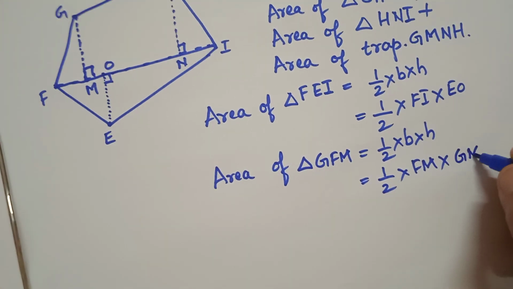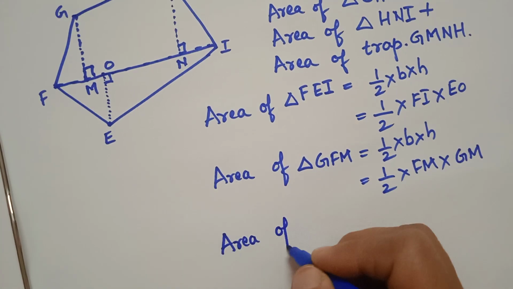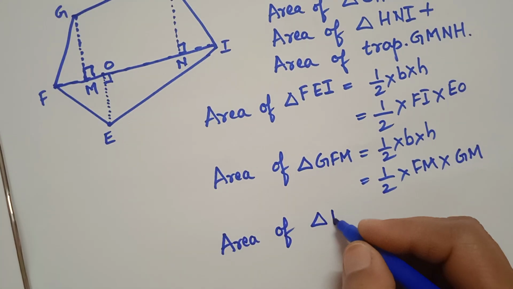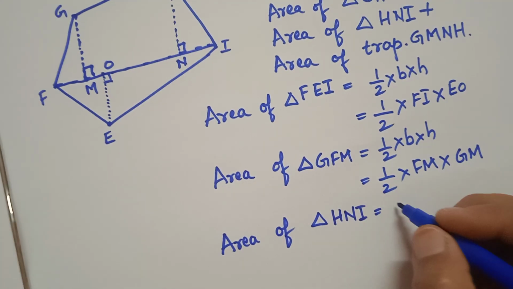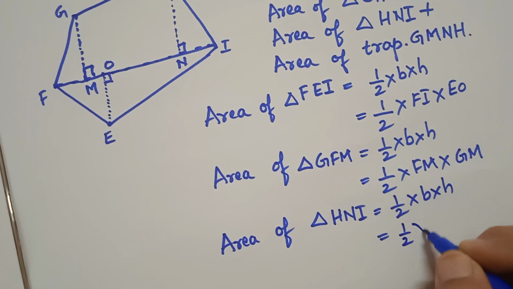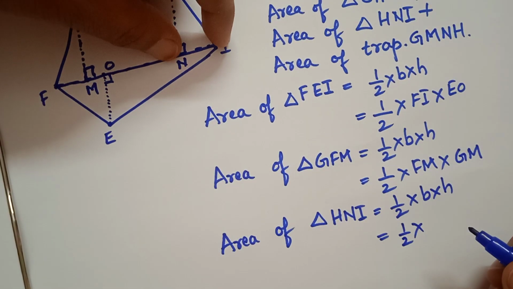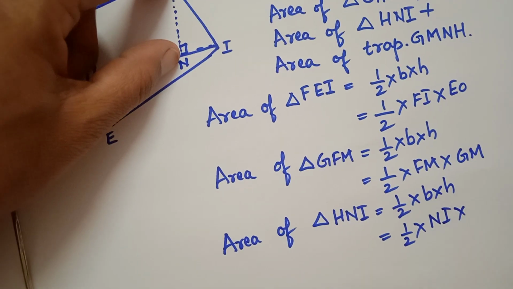GM. Similarly, area of triangle HNI. It is half into base into height. Half into, what is the base? NI. Height is HN.